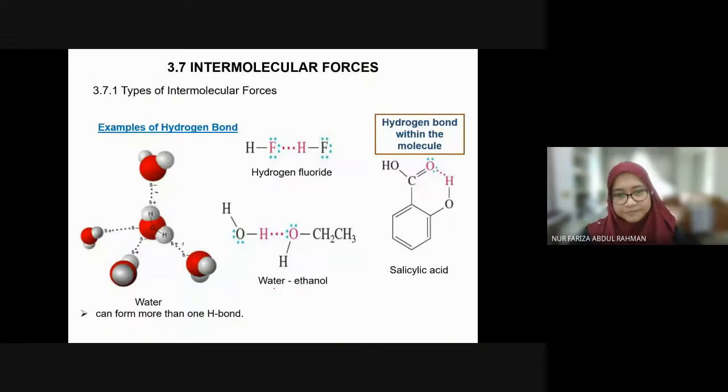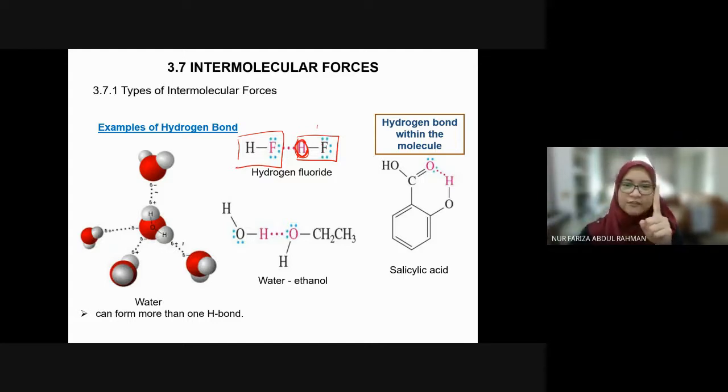Okay, alright. So this is what I meant just now. Imagine, guys. We have HF. So this is the first molecule. This is the second molecule. Right? So first condition, the hydrogen. Focus on the hydrogen. This is the hydrogen for the first molecule. This hydrogen, internally within the molecule itself, is directly bonded to F, O or N. Right? First condition.